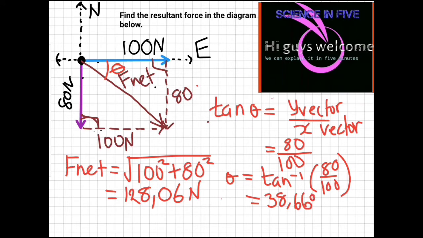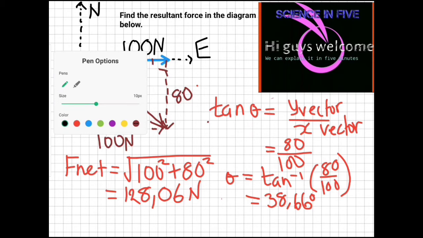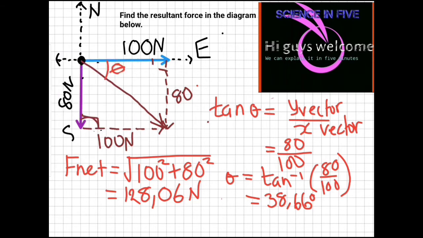Now that we've got the angle theta, 38.66, the last thing to do is just to give the direction. You can clearly see that this vector F net is in between the east and the south.